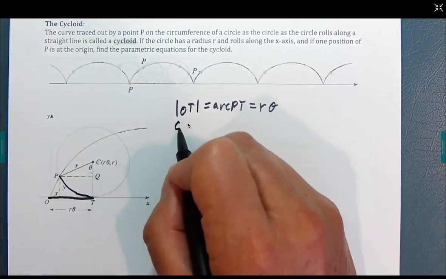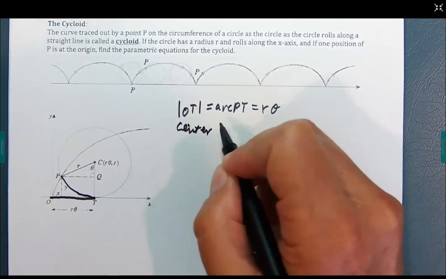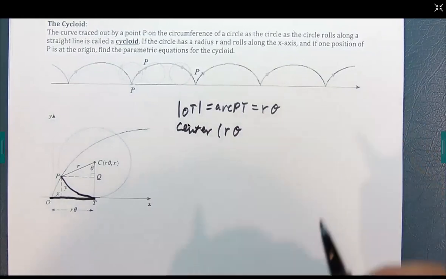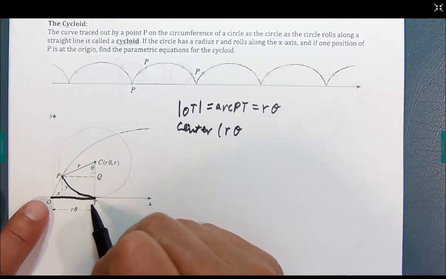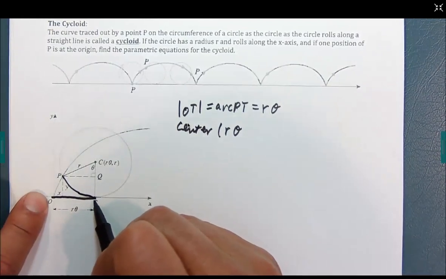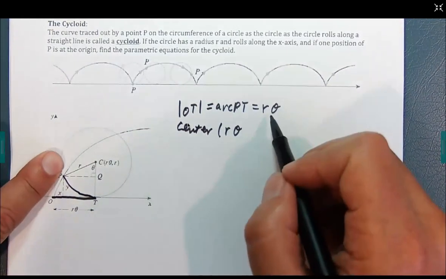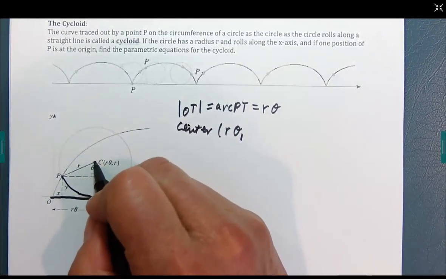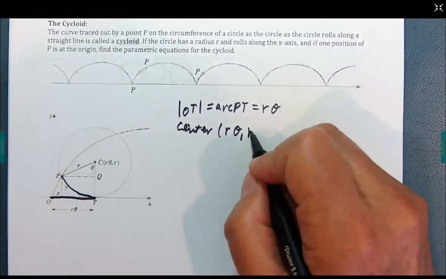Now the center of the circle is at the point r theta, meaning that's the x coordinate of that here. That's this distance here. So that's OT, which we now know is r theta. And this here from C to T, that is a radius.